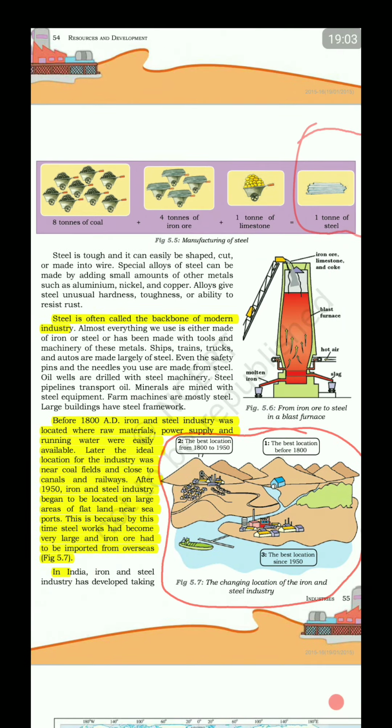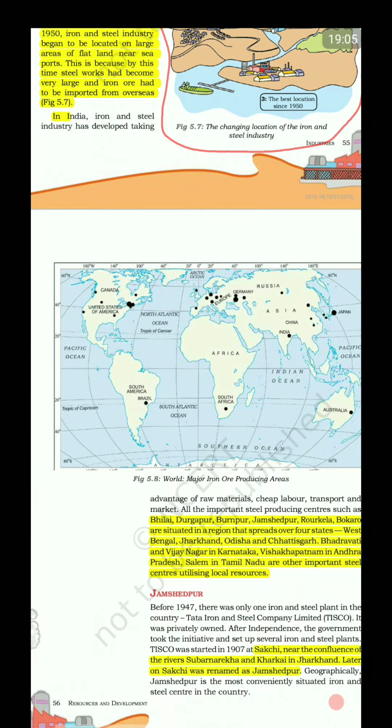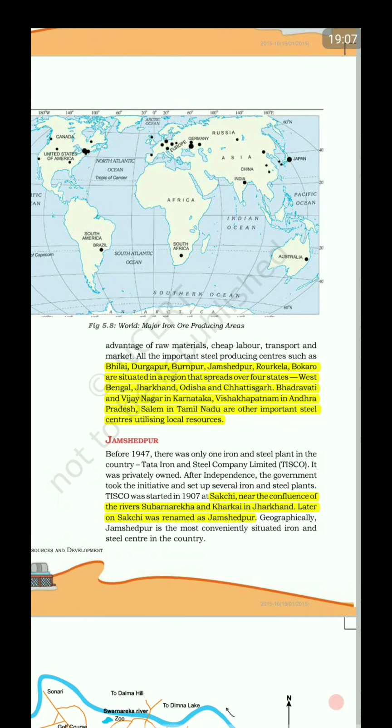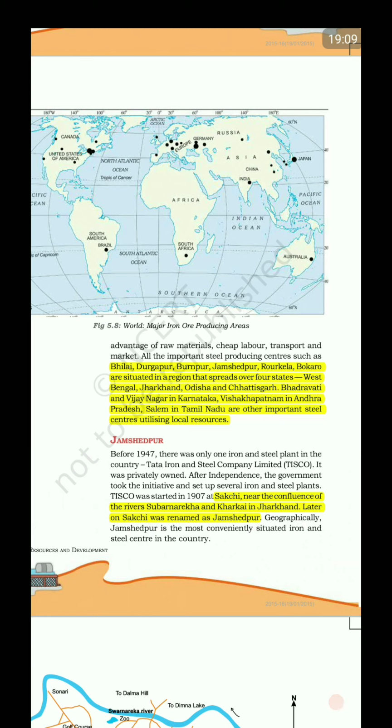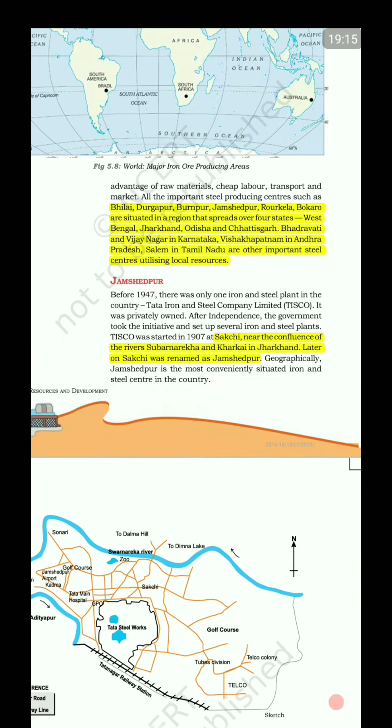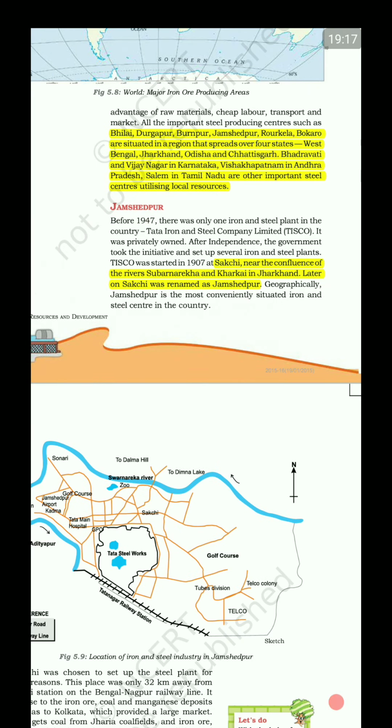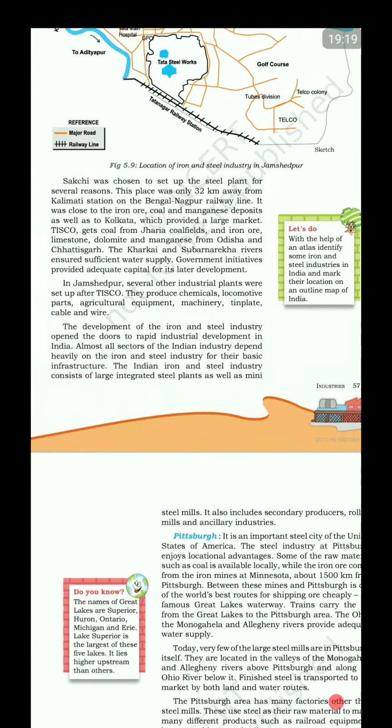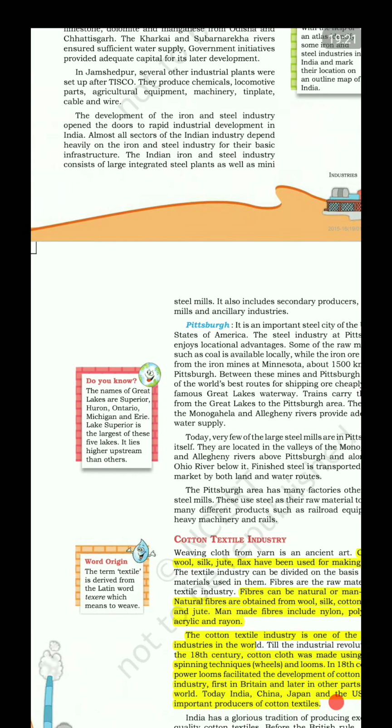Then we moved on to some of the important iron and steel industries in India. Then we moved on to how Jamshedpur developed, right, and compared it with Pittsburgh, right.